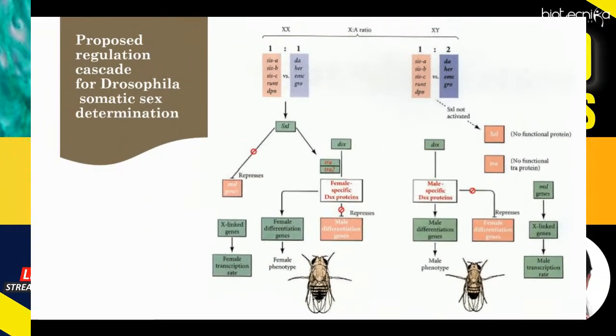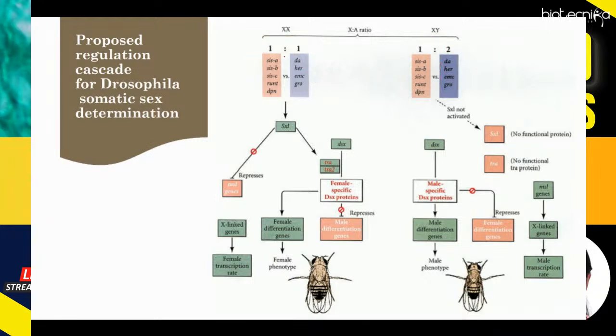The reason why it is the X by A ratio is because, when the ratio is 1 is to 1, the X chromosomes and autosomes are equal in number. That's why the ratio is 1. You can see the color is given equal. But when the autosomes are double the number of X chromosomes, you can see the color of the autosomes is more than the X chromosome.